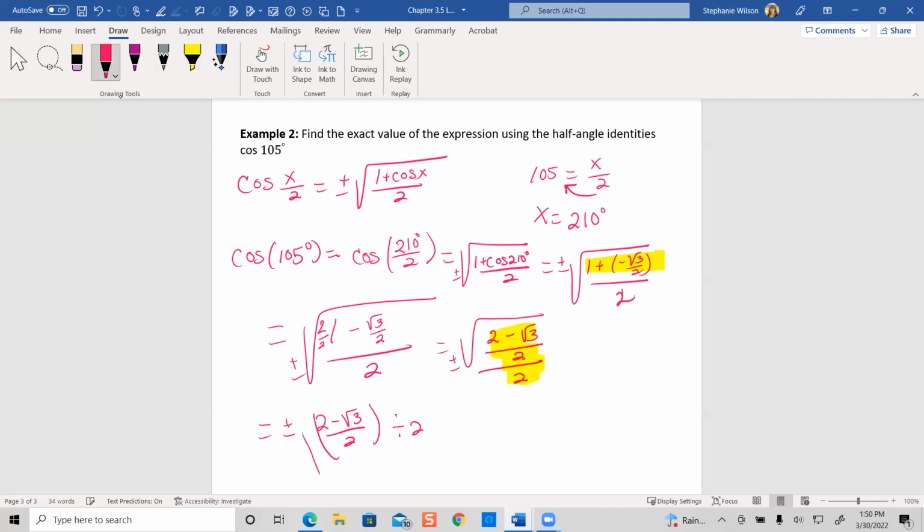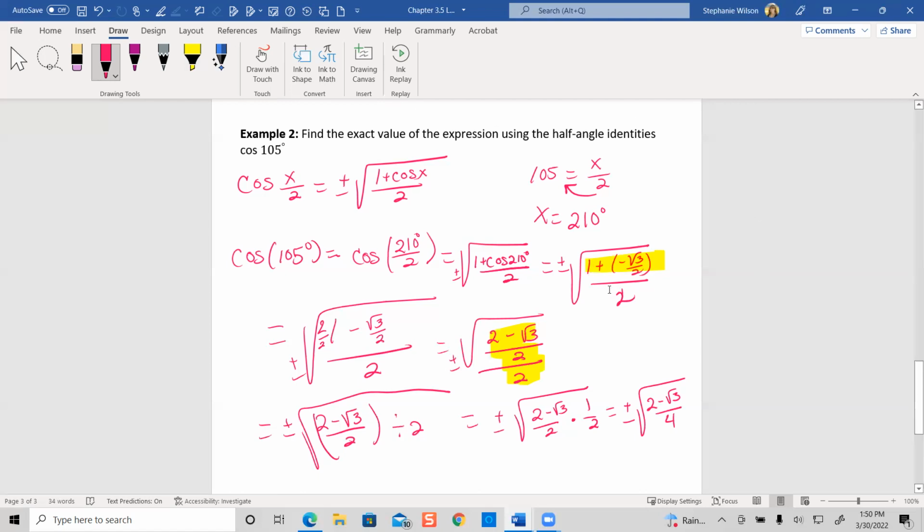Since we have a fraction involved, I want to keep the first the same, change the operation to multiplication, and flip the second. When I do that, I have plus or minus the square root of 2 minus square root 3 over 4.